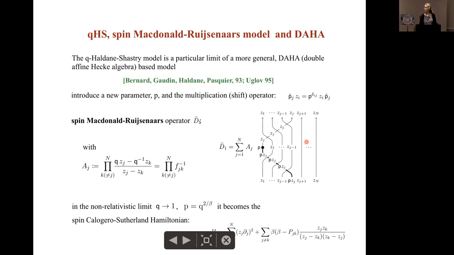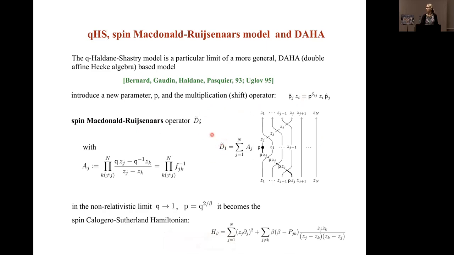So in the limit p goes to 1, it will go to the derivative operator. So one gets back the Calogero-Sutherland model. In this case, the resulting model is called the spin Macdonald-Ruijsenaars operator.